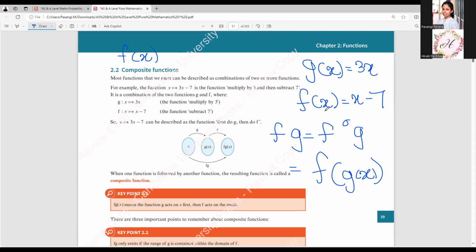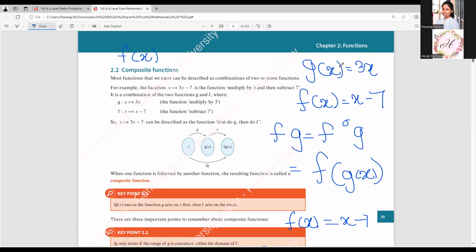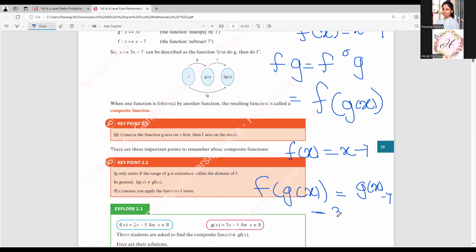So for the function of x, we have x minus 7. Now for the function of gx, we have gx minus 7. So for this gx term, we can replace gx with 3x.